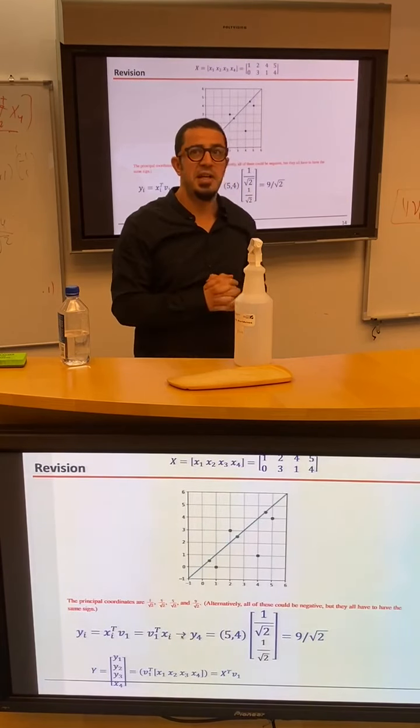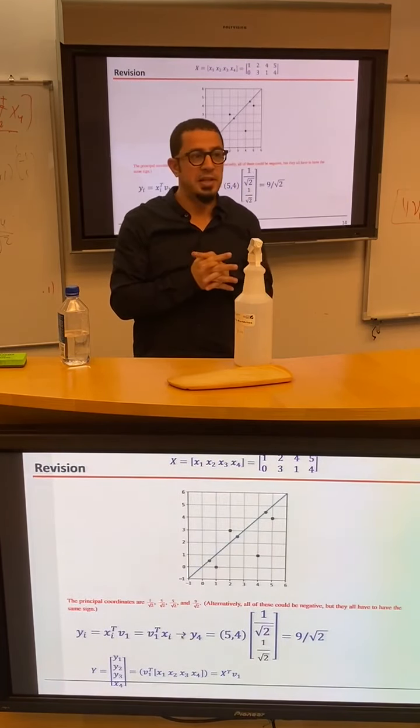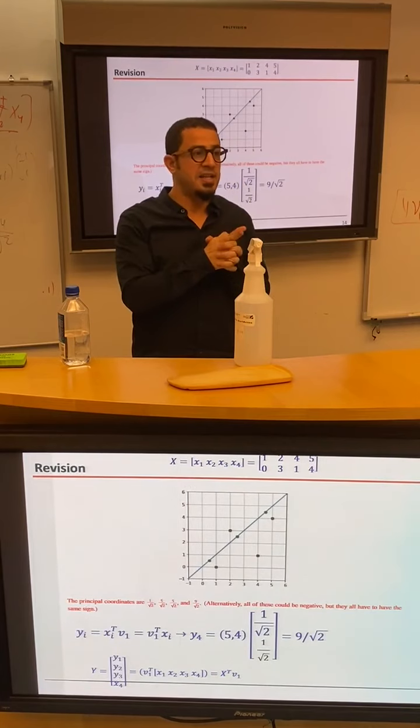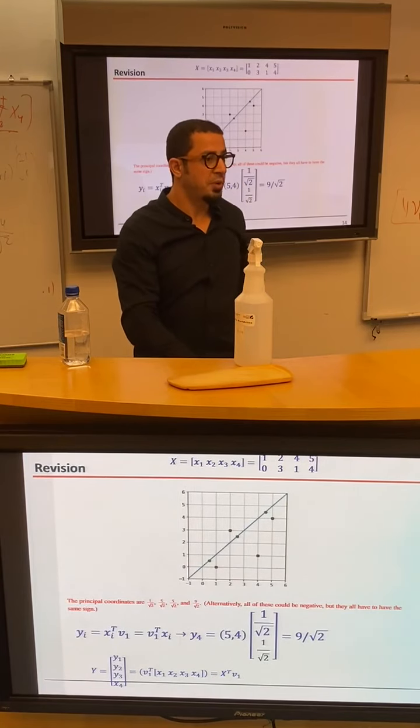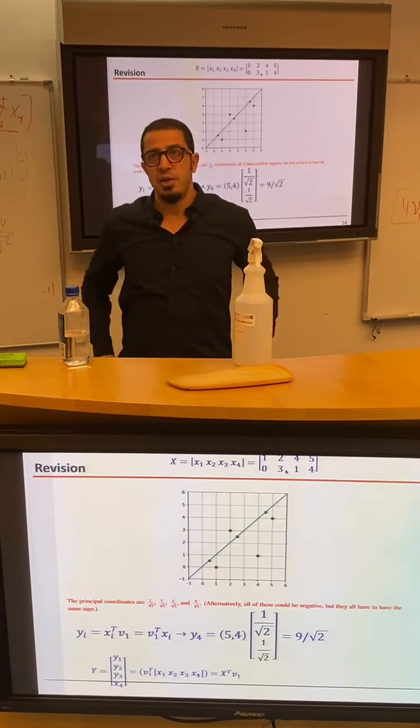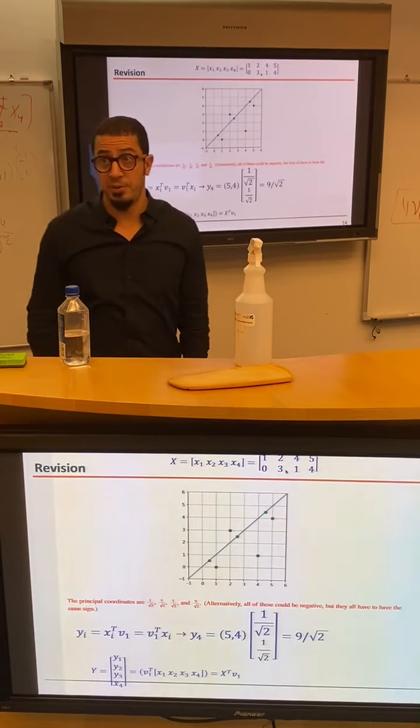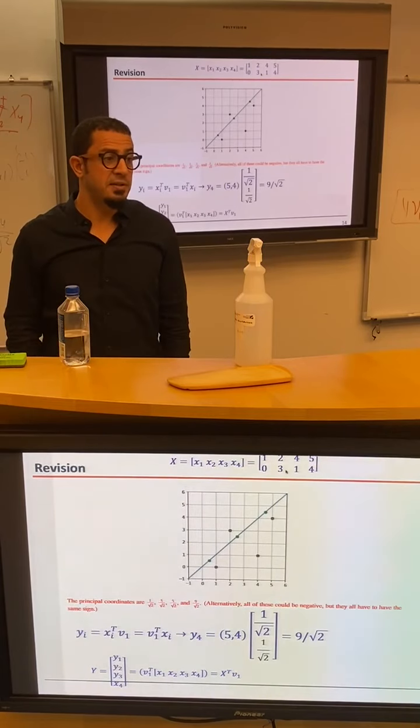So let's try if it's correct or not, right? My data is this one or not? What is the first one? Look, it is 1, 0. Second one is 2, 3, 4, 1, and 5, 4. I put it here, right? This is my data here. Let's try to calculate the principal component, right? The data, is it centered?